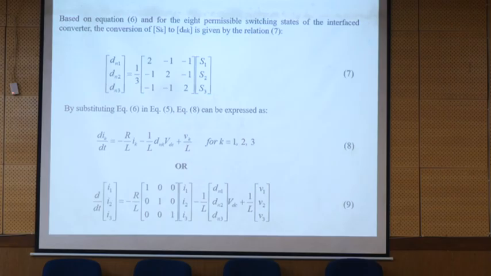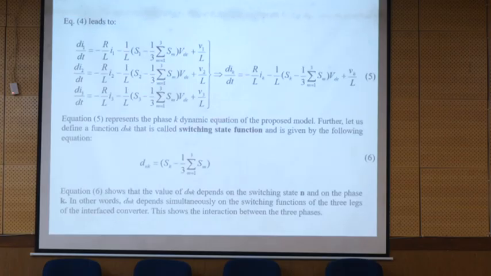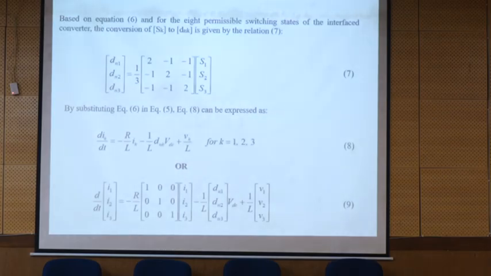If you put a different value for the previous one, D1 is S1 minus (S1 plus S2 plus S3) over 3. D2 is S2 minus the same term over 3, and D3 is S3 minus the same term over 3. N1, N2, N3 is 1 over 3 times (2, minus 1, minus 1) for S1, S2, S3. Do you want me to calculate it? Is it clear? Yes, it's completely clear.